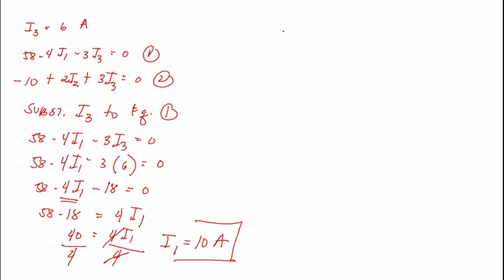So, substitute the value of, pareho din, substitute the value of I3 to equation number 2. Equation number 2 is negative 10 plus 2I2 plus 3I3 is equals to 0. Substitute.